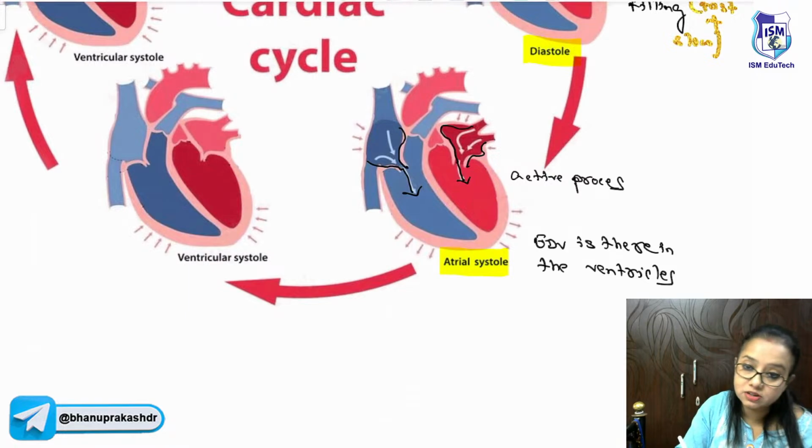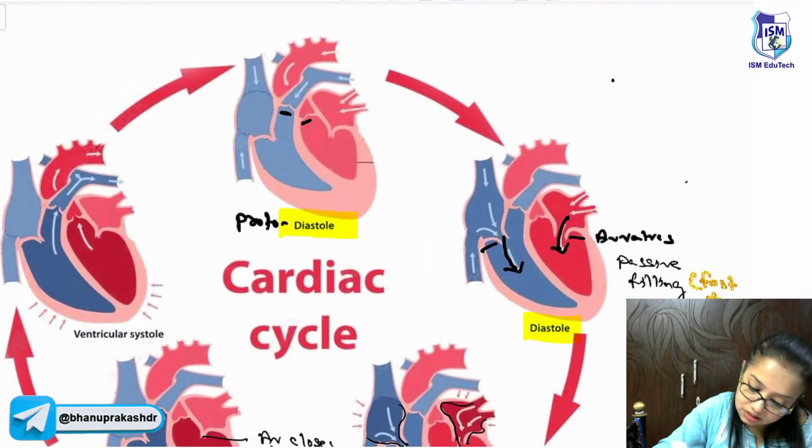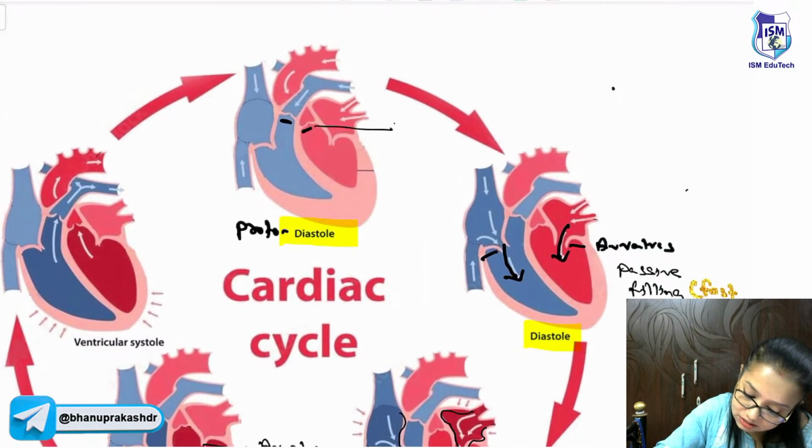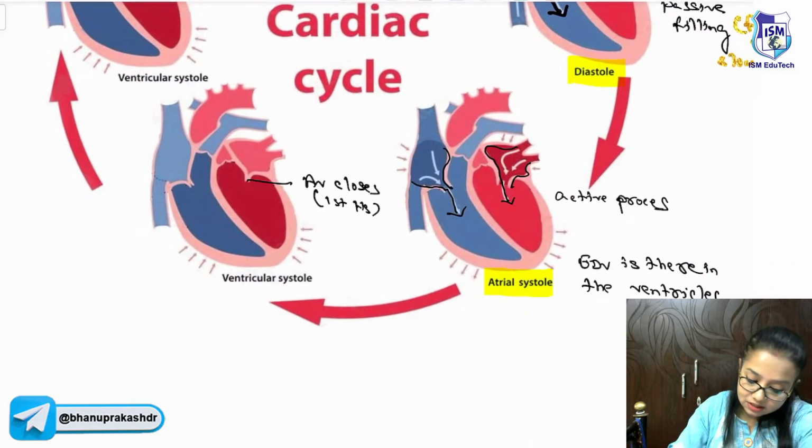After the end diastolic volume, what happens? The pressure in the ventricle becomes more, as a result of which the AV valve closes, which is our first heart sound. Earlier we got the second heart sound. Now again you see the ventricles, it's a closed chamber, the AV valves are closed, and earlier itself the semilunar valves were closed.